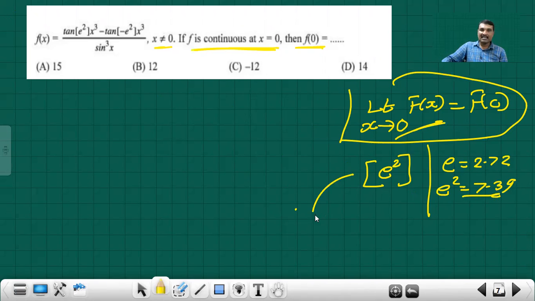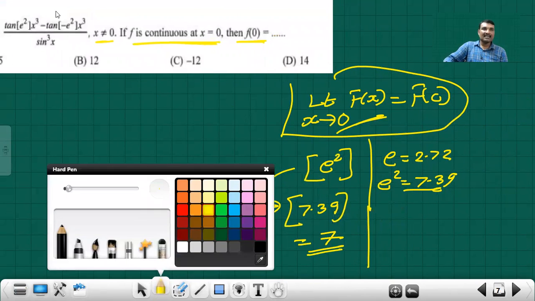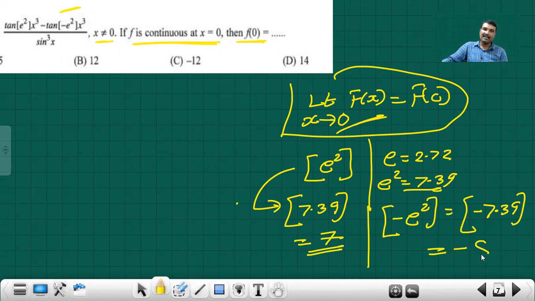So the greatest integer function of e square, that is 7.3, is equal to 7. And the greatest integer function of minus e square, that is minus 7.39, the value is equal to minus 8.